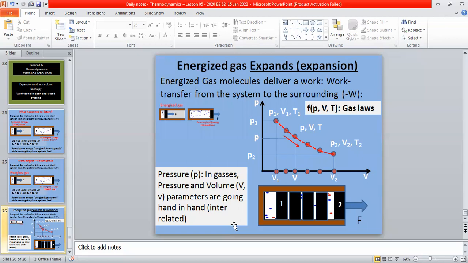Interesting. So this P, V, and T are quite natural parameters any gas can have. Quite interesting. Then gas laws.